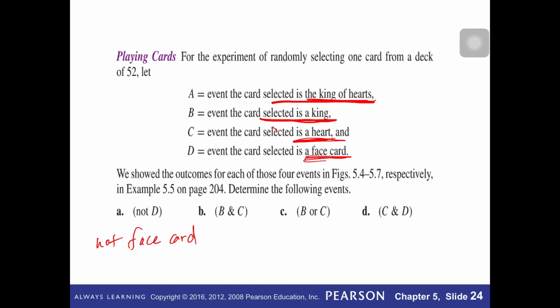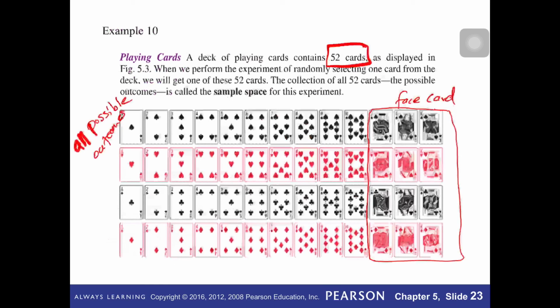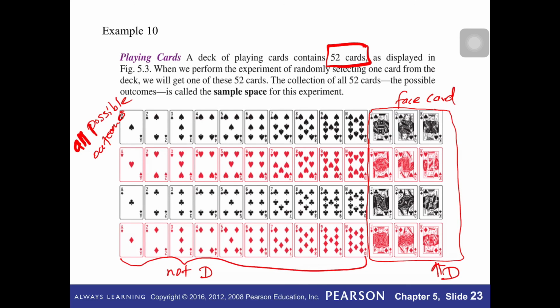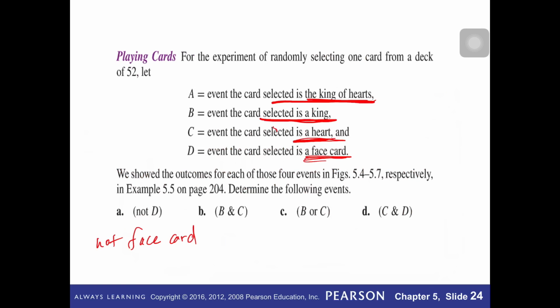D is the face card. So this is D. So not D is this. This is the not D, right? Easy, right?